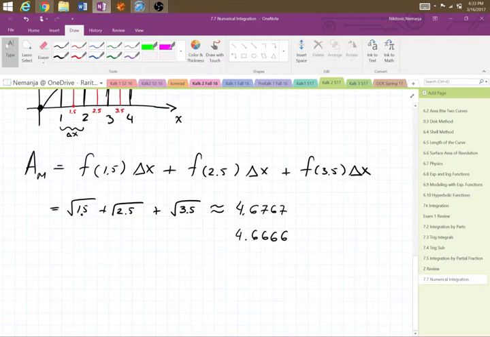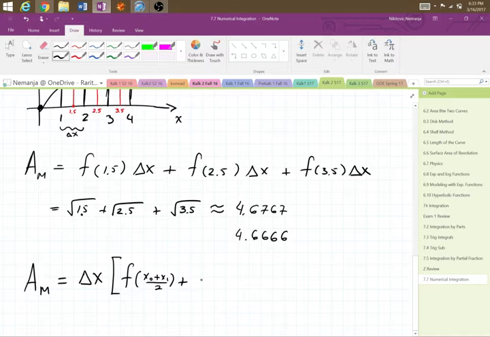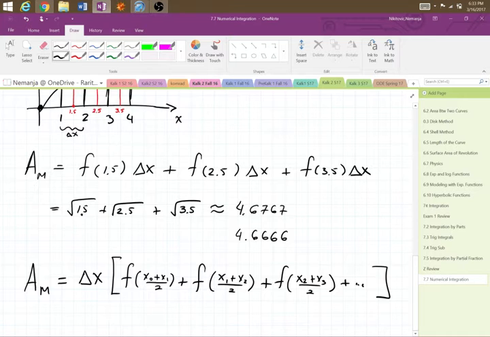Now if we are to come up with a formula, area computed with the midpoint rule is delta x, and then we have f of x0 plus x1 over 2 plus f of x1 plus x2 over 2 plus f of x2 plus x3 over 2 plus dot dot dot how many of those you have.